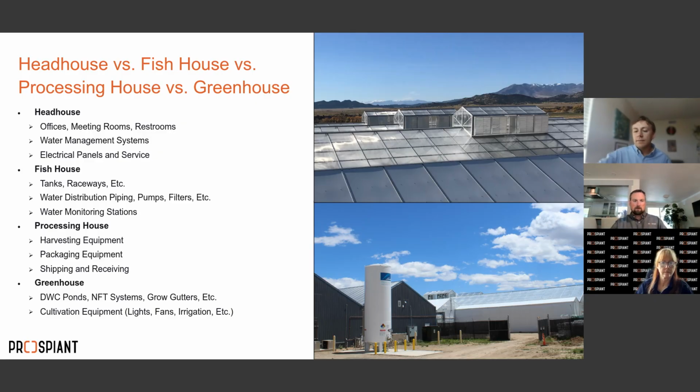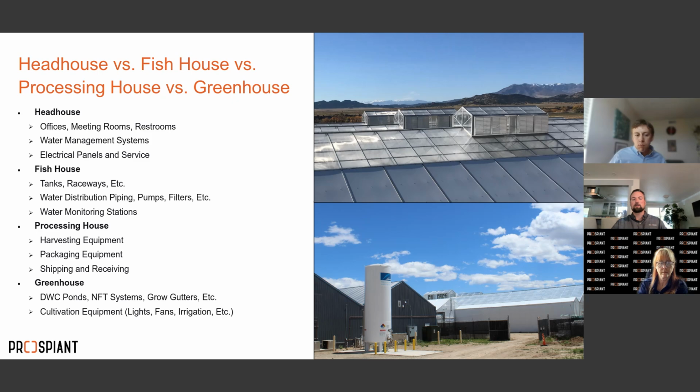So on a large commercial project like this, typically what we see is the head house has a locker room, because if you're going to be working in an aquaculture facility all day long, chances are you're wearing rubber boots and things of that nature. Also, a lot of times in the head house, you'll see a water lab for testing.